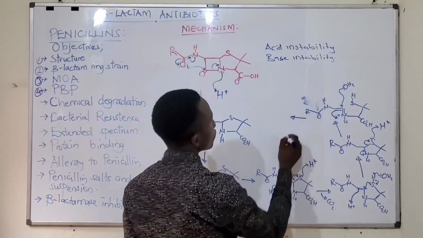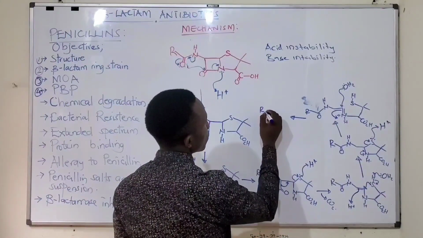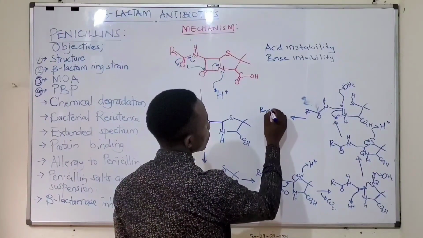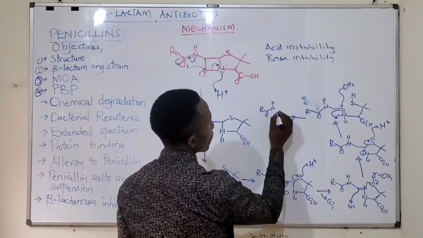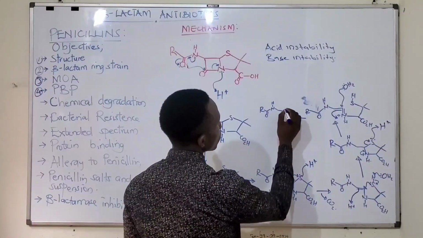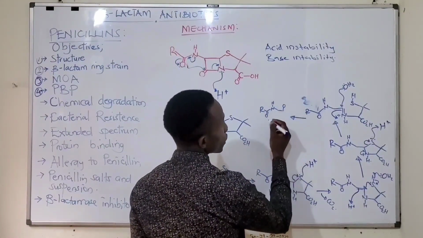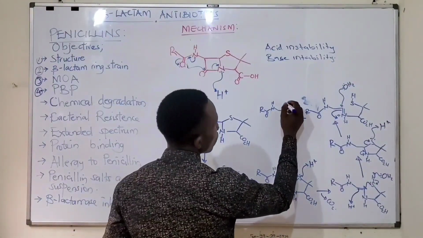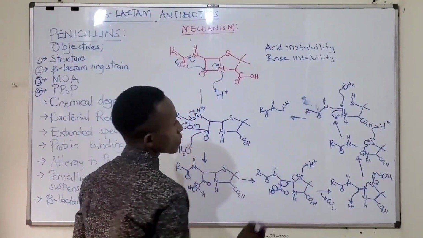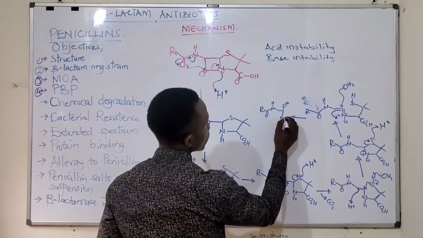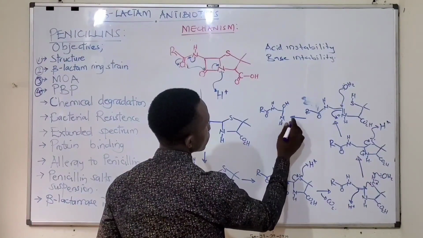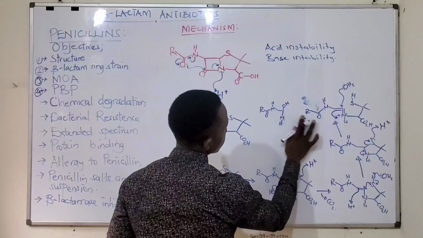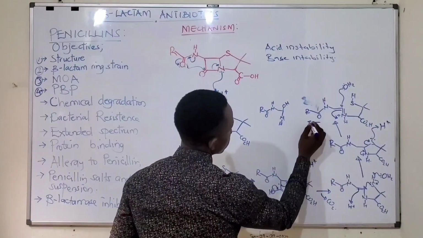So we shall have R, nitrogen is there. Now this bond we have the water. Of course, as one hydrogen will be lost, we shall have OH with nitrogen and H. Okay, let me make this bond to be like here.